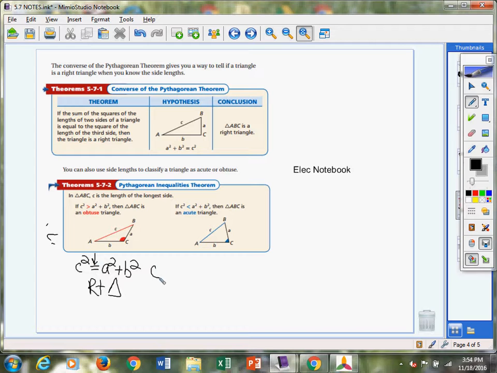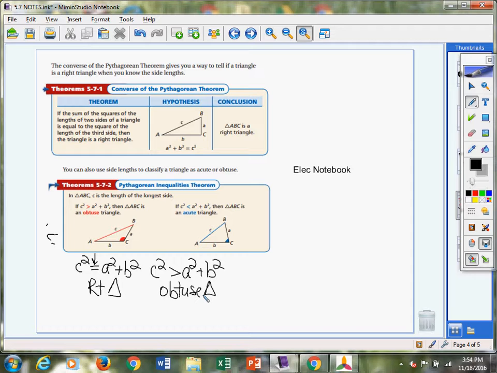If c squared ends up being bigger than a squared plus b squared, then you have an obtuse triangle. Isn't that cool? That's way, way cool. So you can use the Pythagorean theorem, compare the square of the hypotenuse to the sum of the squares of your legs, and figure out what kind of triangle you're working with.